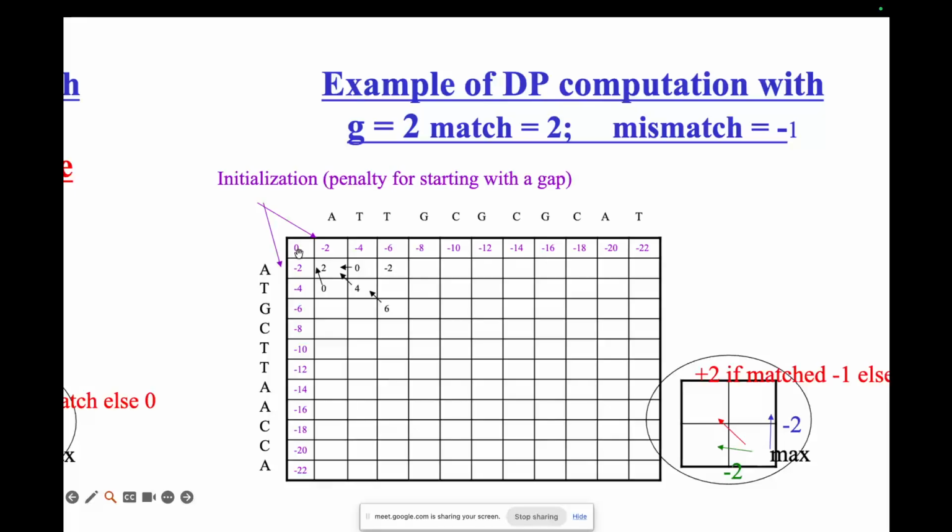This starts off with 0, but if you move right, there is a gap, so you put minus 2. If you move right again, there is another gap, so you add minus 2 again, and so on and so forth. So the initialization does not remain 0, it becomes a multiple of 2, and it becomes a little bit more constrained.